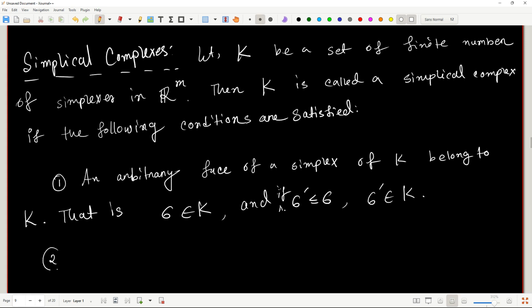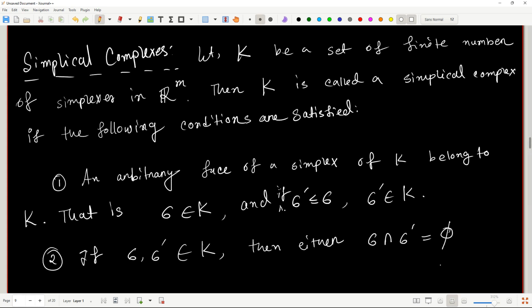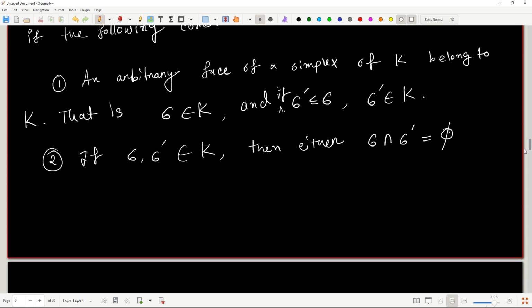This is one condition. The other condition is that if sigma and sigma prime belong to K, then either sigma intersection sigma prime is null, that means empty, they don't have any common region, or sigma intersected with sigma prime is less than or equal to sigma, and sigma intersected with sigma prime is less than or equal to sigma prime.